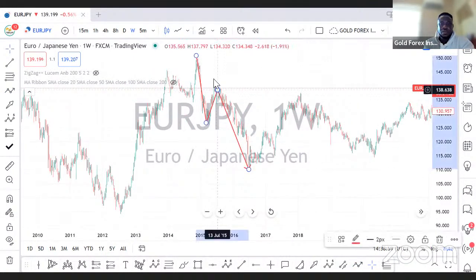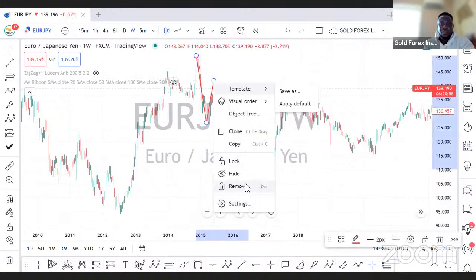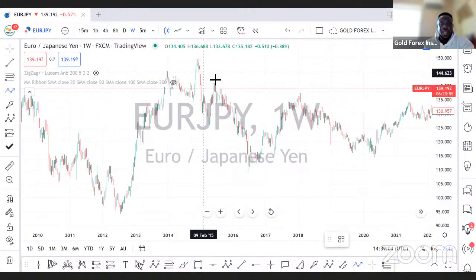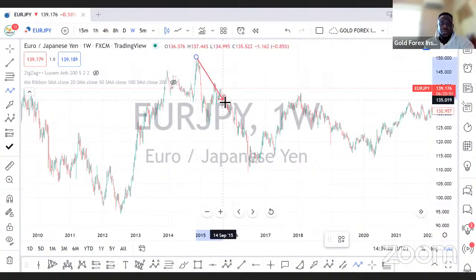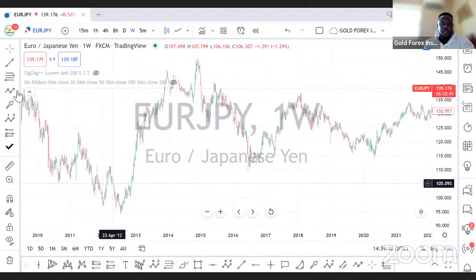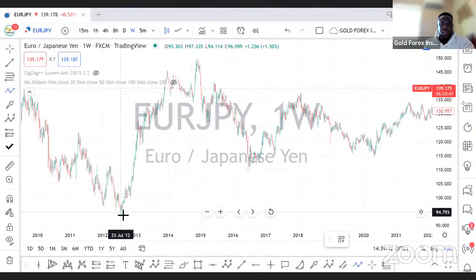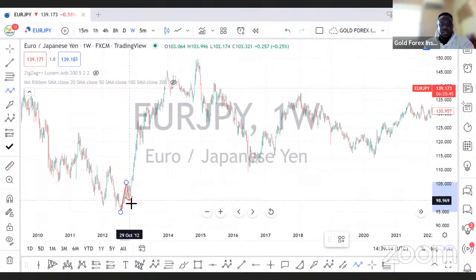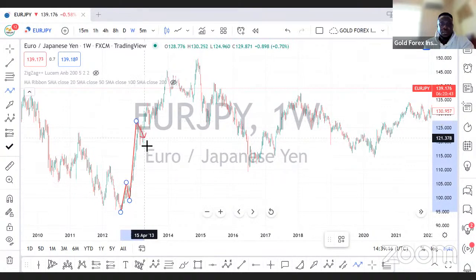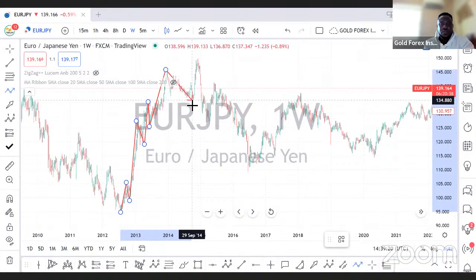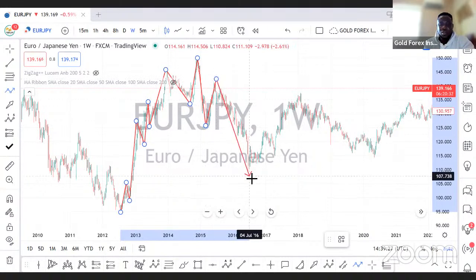Now, so we had a swing low. Before that, we had a break in market structure which formed a B, a retest, and completed a harmonic pattern here, right?